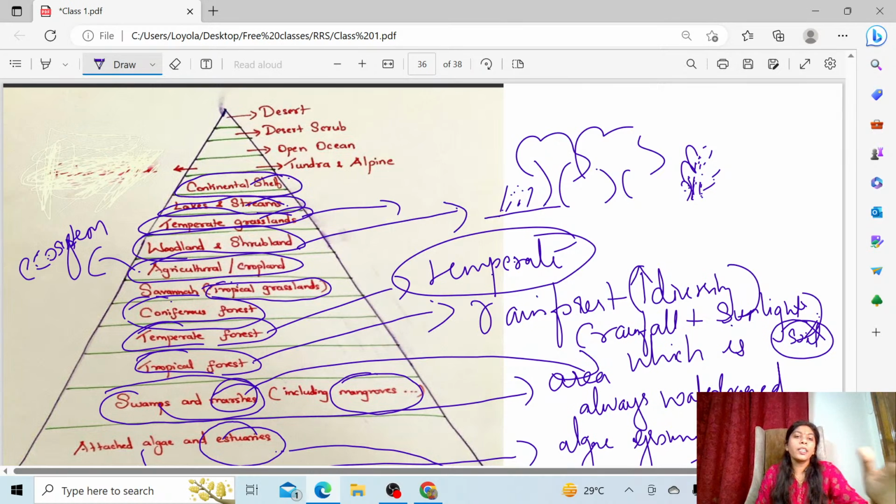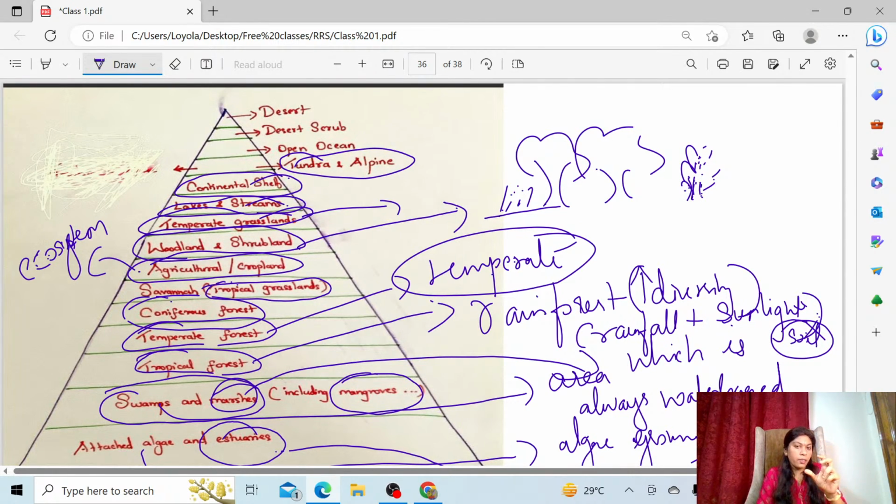What is the continental shelf? The area adjoining the land and the water. The extension of land into the water is called the continental shelf, simply put. So this is also highly productive. After lakes and streams comes the continental shelf. Then come tundras and alpines, completely covered by snow.